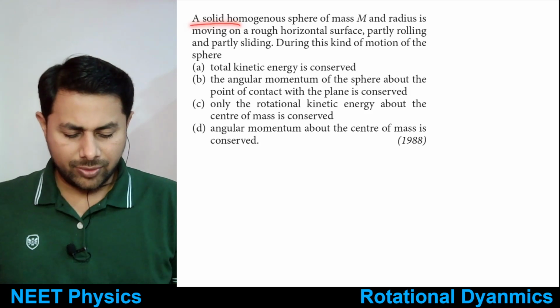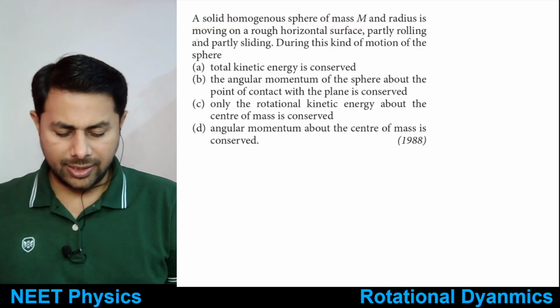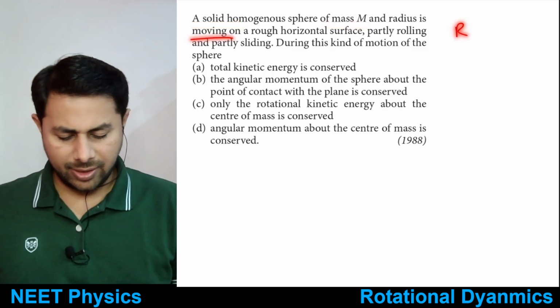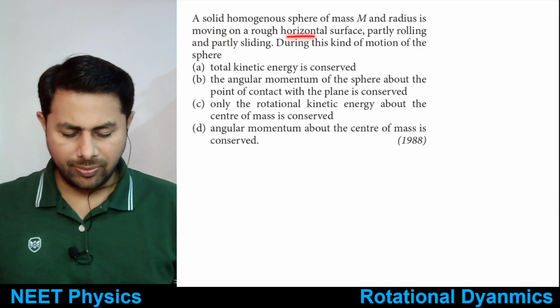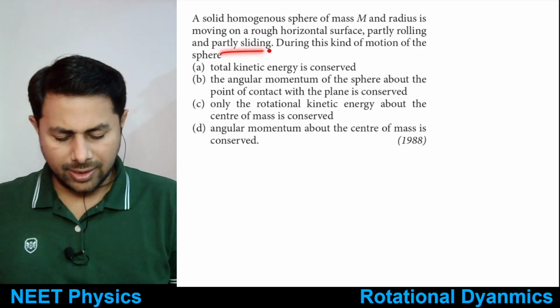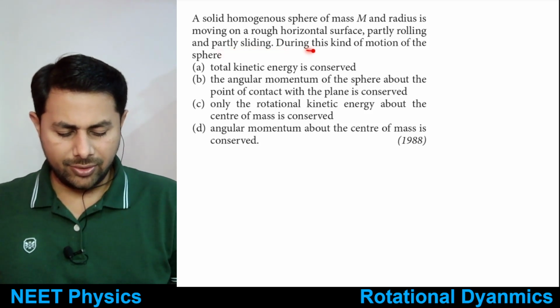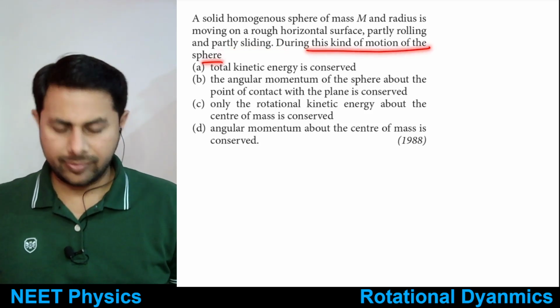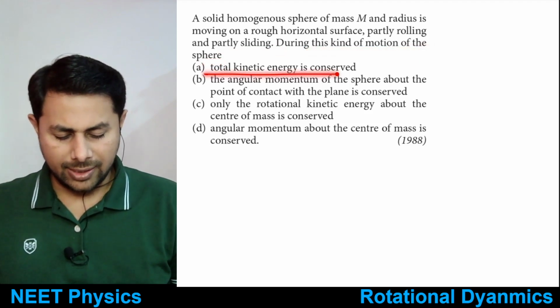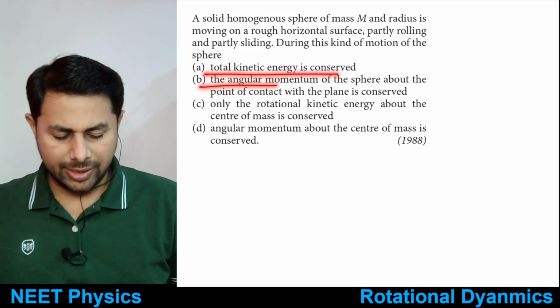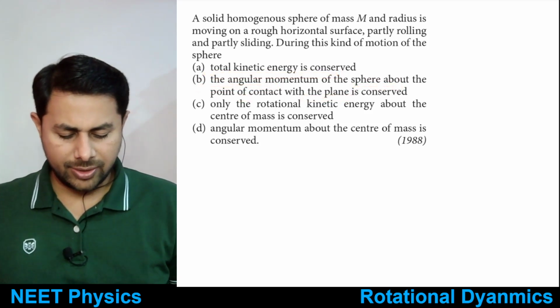A solid homogeneous sphere of mass m and radius, let's say r, is moving on rough horizontal surface, partly rolling and partly sliding. During this kind of motion of sphere, what will happen? Total kinetic energy is conserved. Angular momentum of sphere about the point of contact with the plane is conserved.